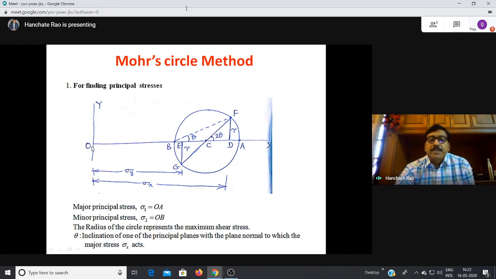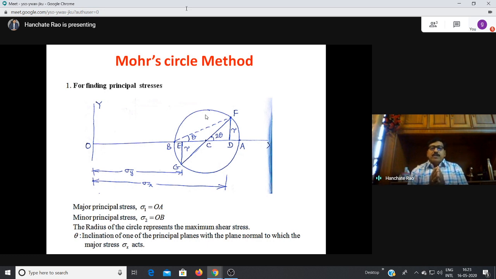So the coordinates of any point on the Mohr circle represent a normal stress and a shear stress. So you have to understand this. Any point on the Mohr circle will have coordinates. X coordinate is the normal stress and y coordinate is the shear stress.